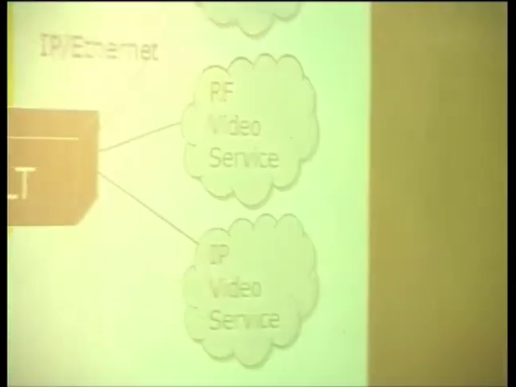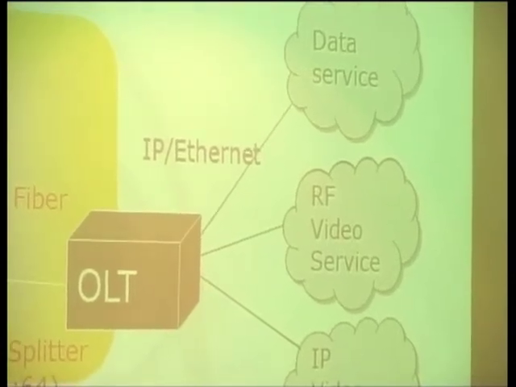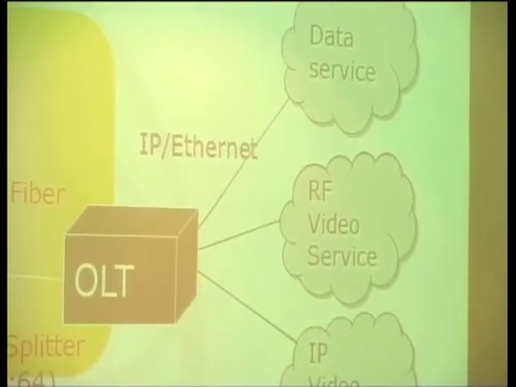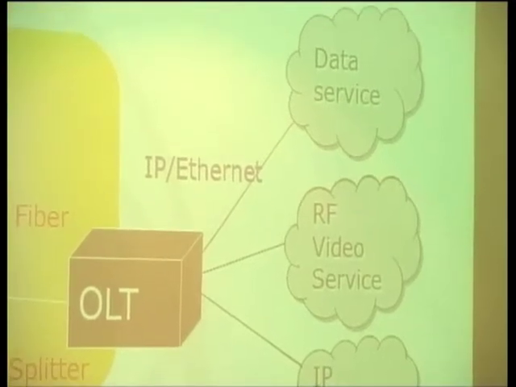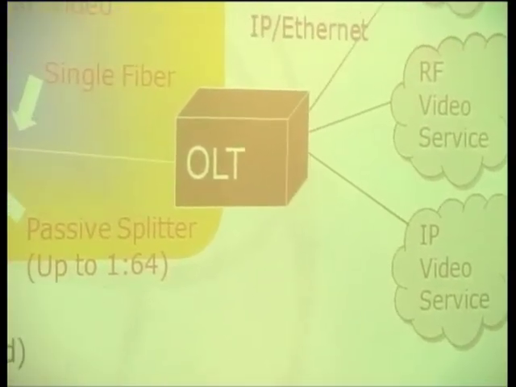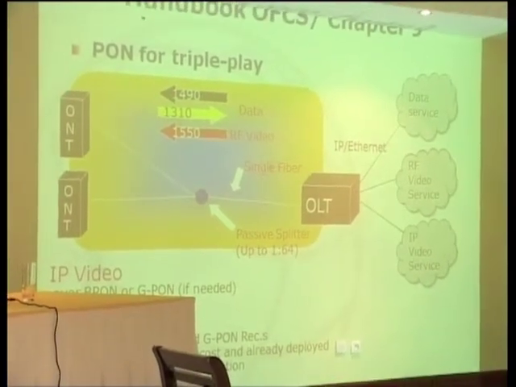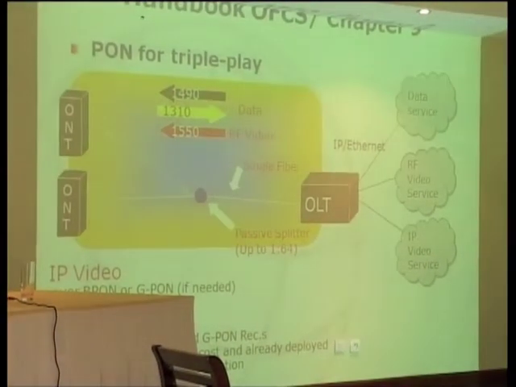And the triple play means simply that I can send to the customer data, radio frequency video service, which means signals that can be connected directly to the TV receiver, or I can send video signal by means of IP. I can send video over IP, so that I transmit video packets over the network.